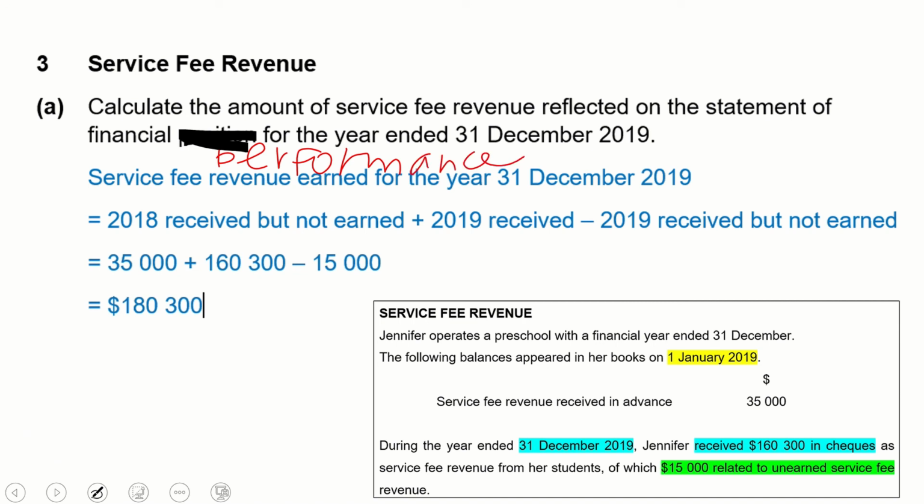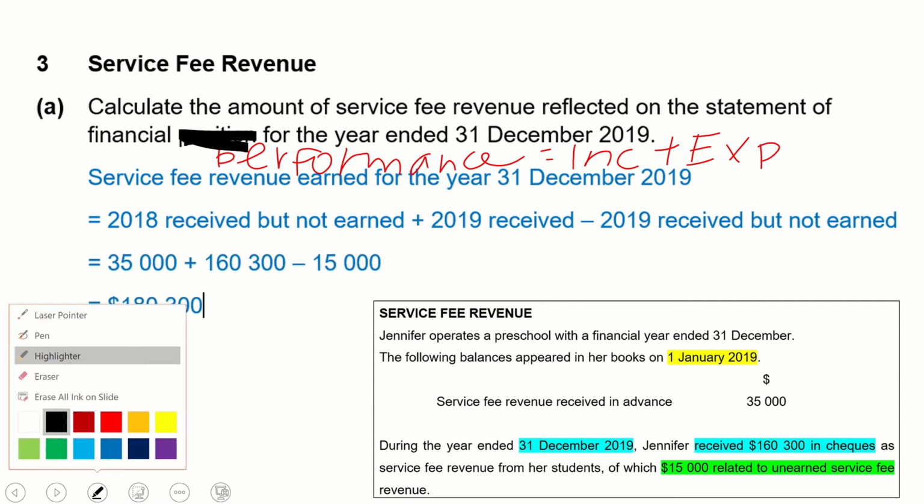In the statement of financial performance, what is recorded is income and expenses. So income and expenses are recorded here, and that's why we will record the service fee revenue that is earned.